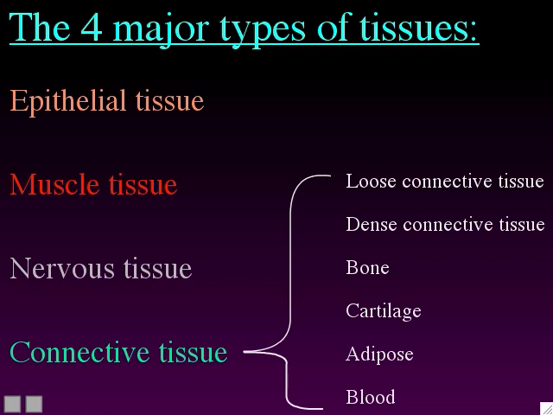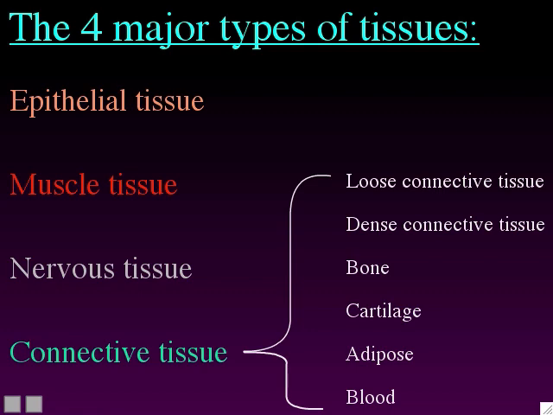The 6 types of connective tissue are called loose connective tissue, dense connective tissue, bone, cartilage, adipose, and blood. So 6 subcategories of connective tissue. And to make things even more complicated, some of these subcategories of connective tissue actually have subcategories to them. So these are the 6 types of connective tissue that you see listed here.